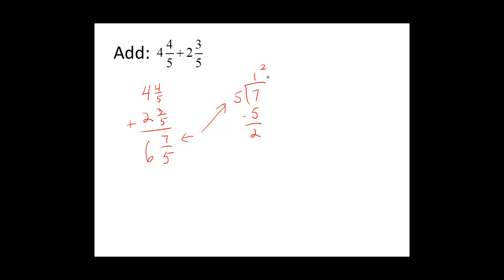The 2 is the numerator, and the 5 is the denominator. We will now add this to the whole part 6 that we got when we added the whole numbers. 6 plus 1 is 7 2/5. So our final answer is 7 2/5.